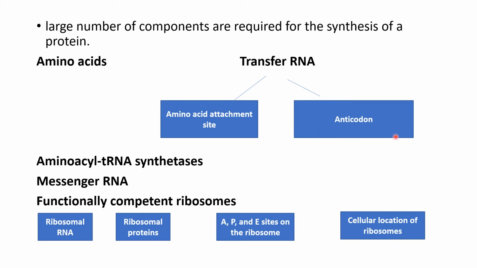The amino acid tRNA synthetases are the enzymes which are helpful to match a specific amino acid to a tRNA. Along with this, they are responsible for the proofreading as well as editing of this specific amino acid.